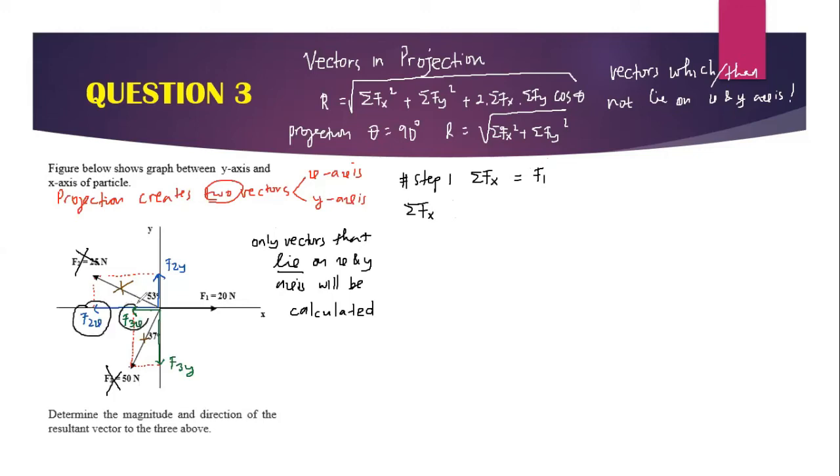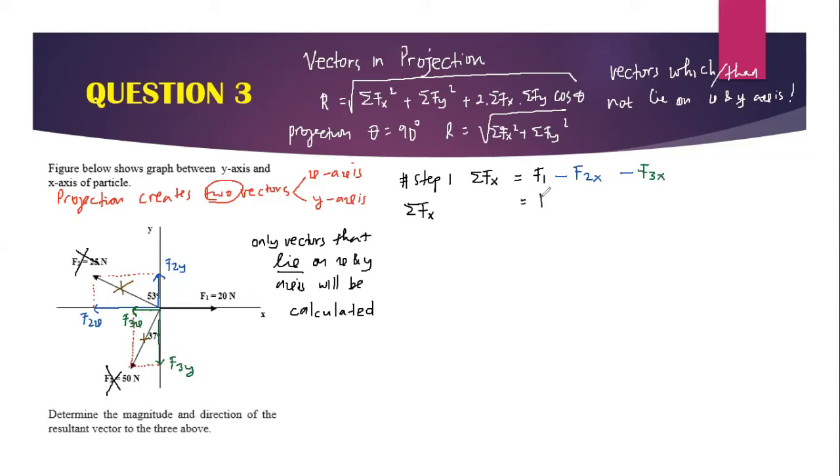F2x minus F3x. Is it clear, everyone? Good. Okay. Next.